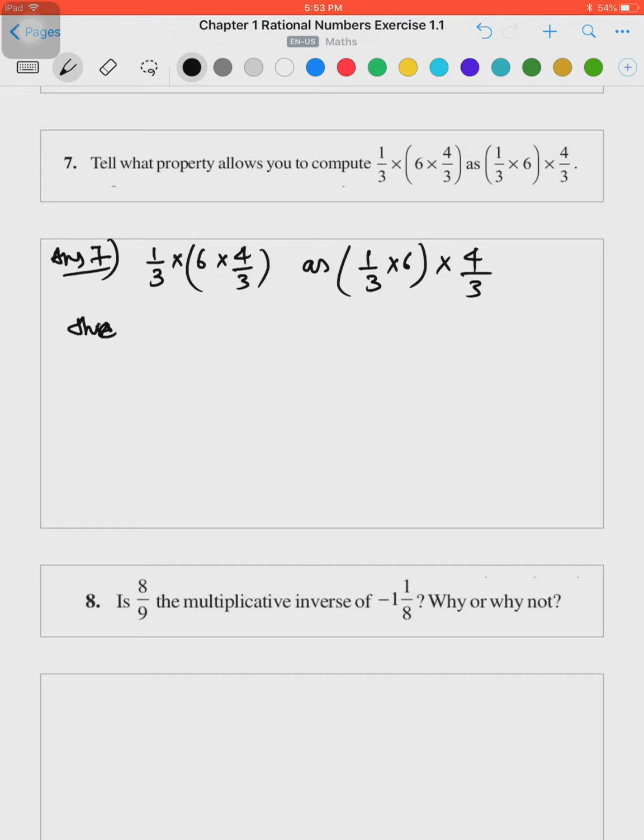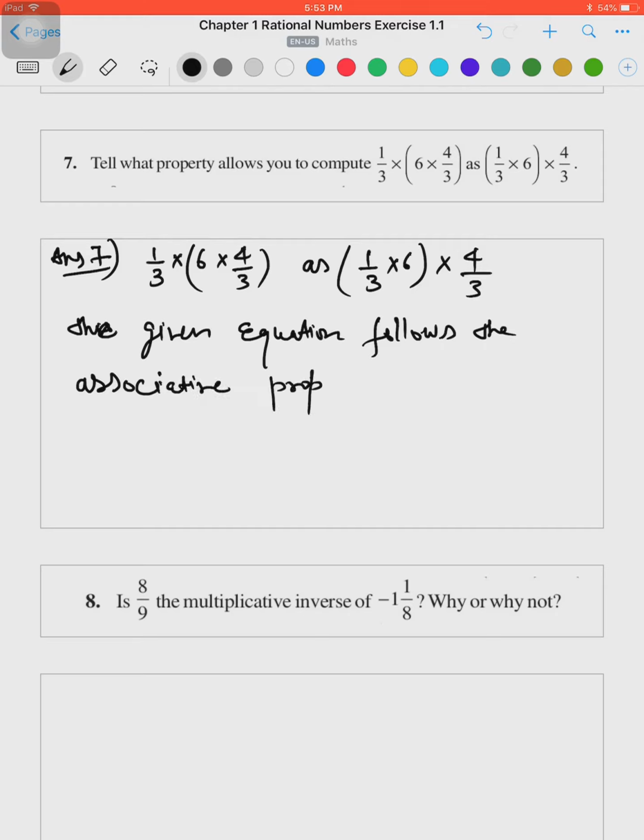The given equation follows the associative property of rational numbers.